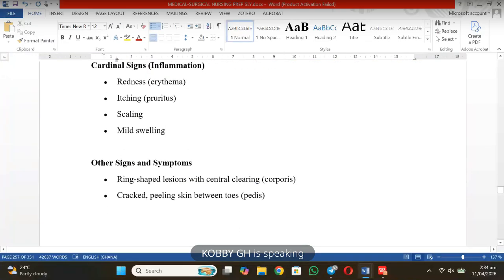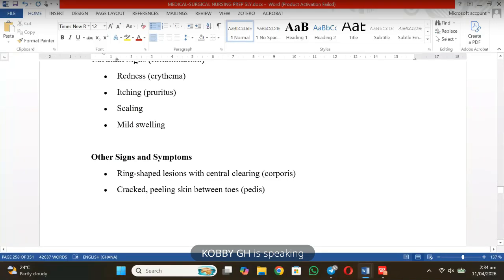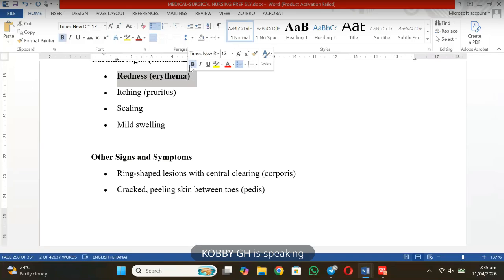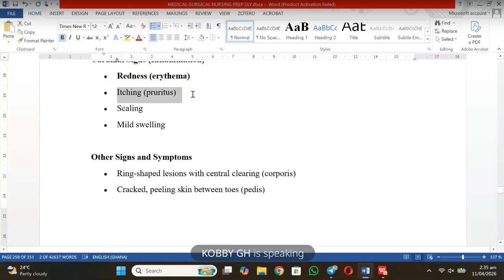Okay, let's look at the cardinal signs. Tinea conditions usually itch. Over here too, we have redness and erythema. But one thing about tinea conditions is that there is usually pruritus, and that is one of the points you can use to differentiate tinea from the other skin conditions.